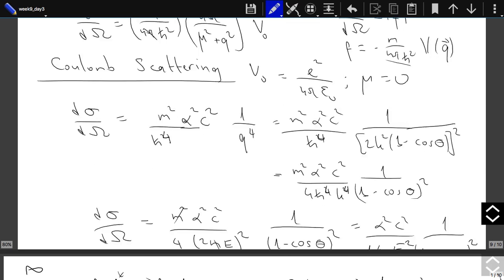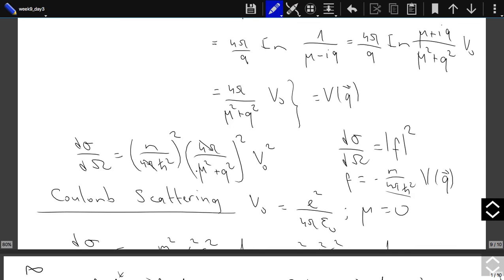Now, if we had, let's say, the mu-squared dependence, you see, the divergence is when cosine theta is close to 1 or q is equal to 0. So when q is equal to 0, the differential cross-section diverges, and it diverges in such a way that it's not even integrable.